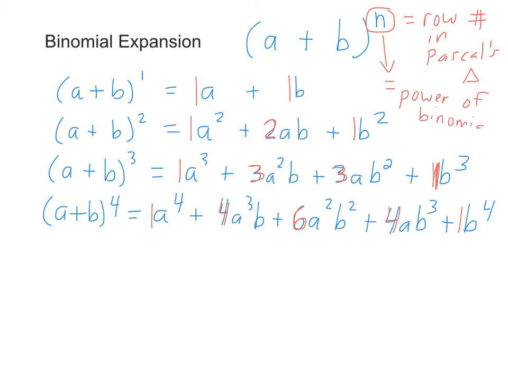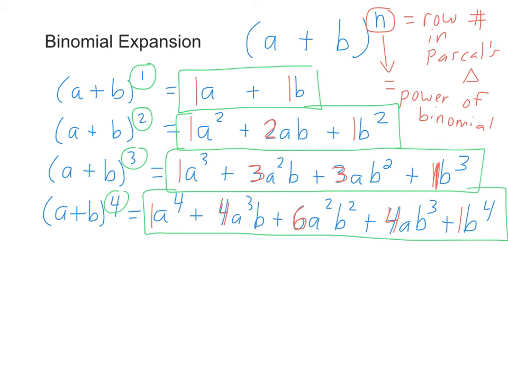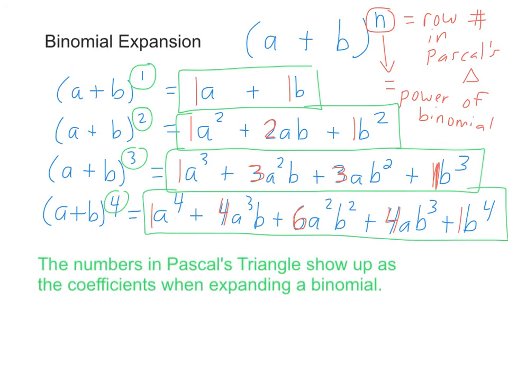Recall how we said n plus 1 is the total number of terms. So if n is 1, there's 2 total terms. If n is 2, there's 3 total terms. If n is 3, there's 4 total terms. If n is 4, there's 5 total terms.